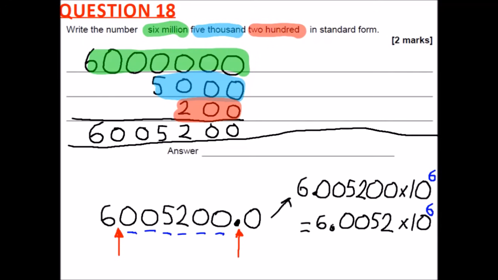And so write that on the answer line and you're good to get your marks. So 6.0052 multiplied by 10 to the power 6. And you're done.